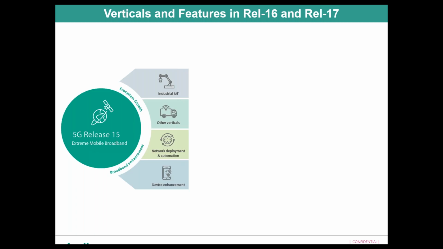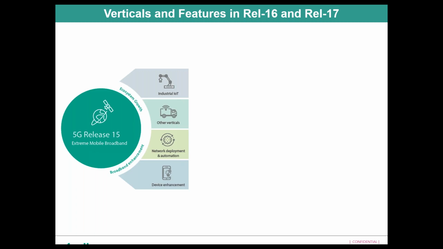by different verticals, right? So the main verticals we have are, one of them is industrial IoT, and then we have some other verticals which I'm going to talk about. Improvements happening on network deployment and automation. And last but not the least, we have what we call 5G device enhancement, right?